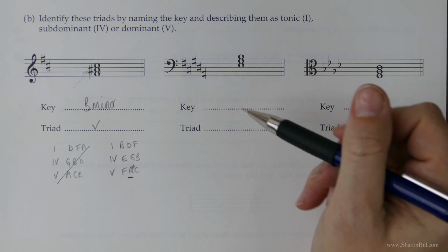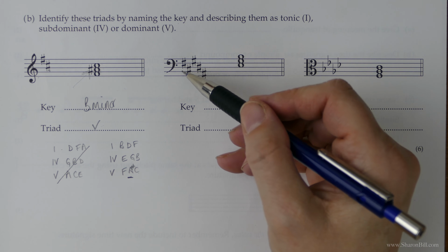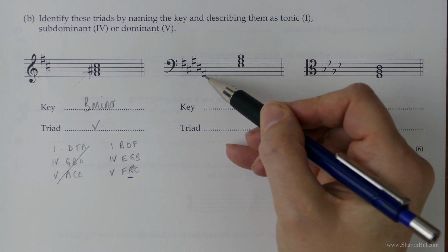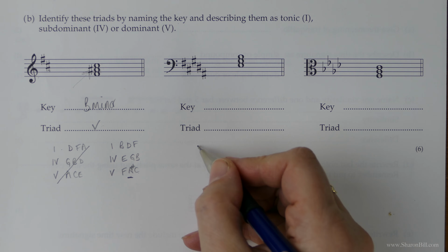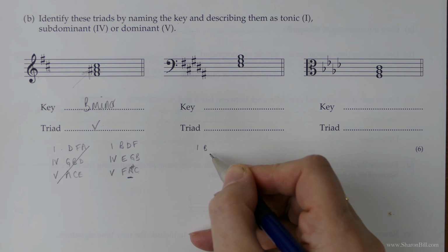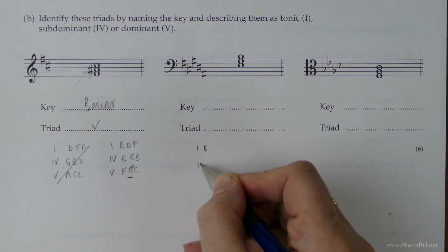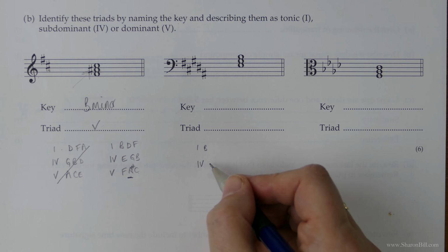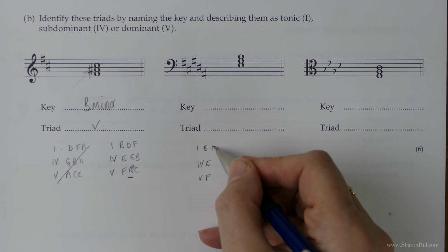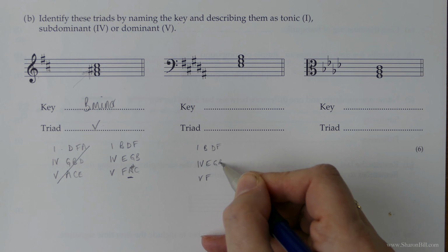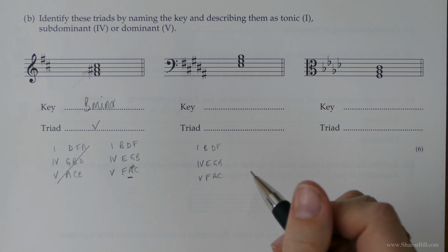So let's move on. So now we've got a key signature of 1, 2, 3, 4, 5 sharps. So if that was a major key, that would be B major. So we'll start there. So chord 1 is B, chord 4 is E, and chord 5 is F sharp. B, D, F; E, G, B; F, A, C. Your key signature does all the rest for you.